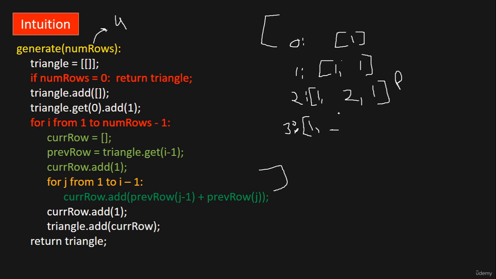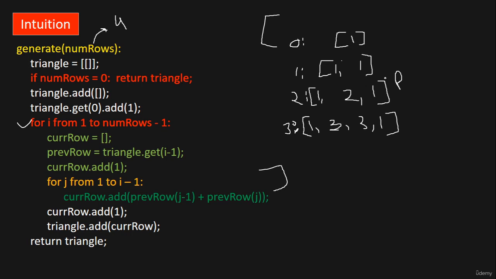So 1 and 2 is 3, so let's insert here 3. Here for index 2, we'll add these values, 2 and 1, at index 1 and at index 2. So let's add here, so we get 3, and at the end of this for loop we'll insert 1 and we'll add this list to the triangle. When we have i equals 4, we're done with this for loop. So we have generated Pascal's triangle for numRows 4.